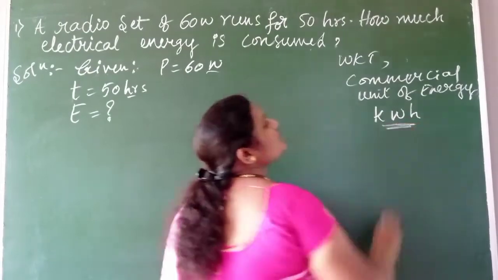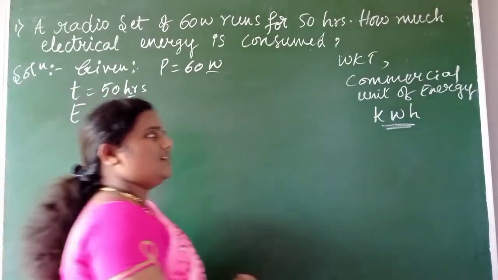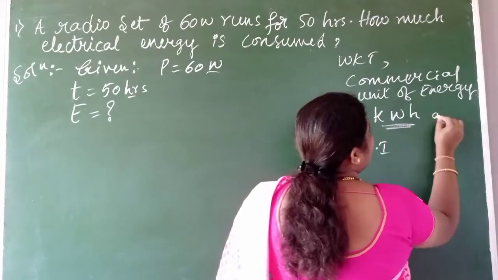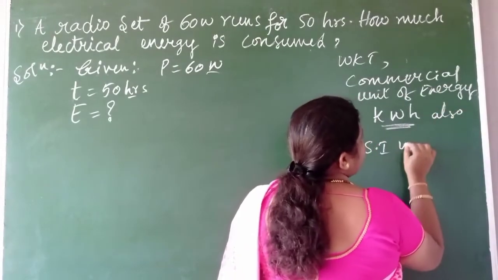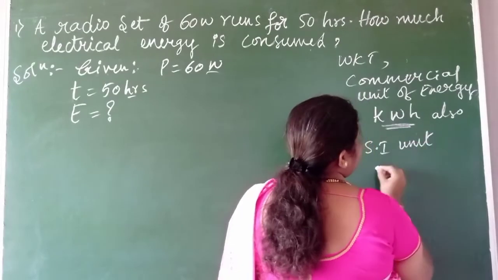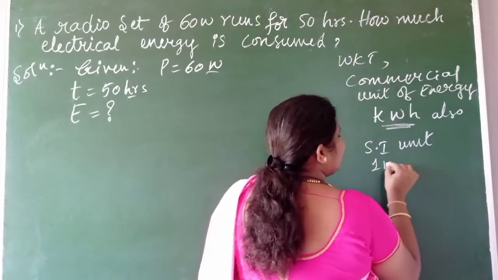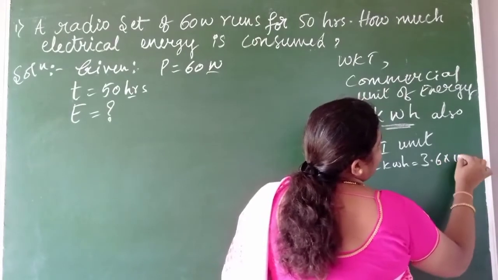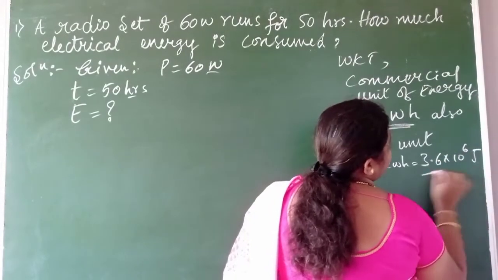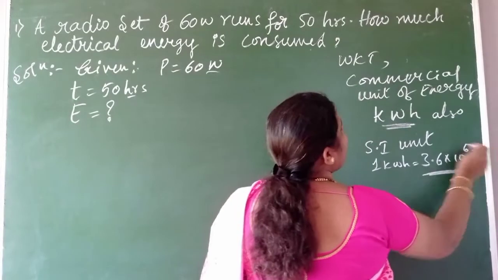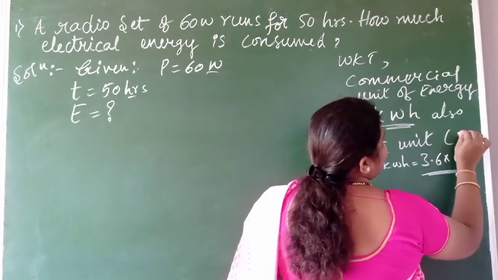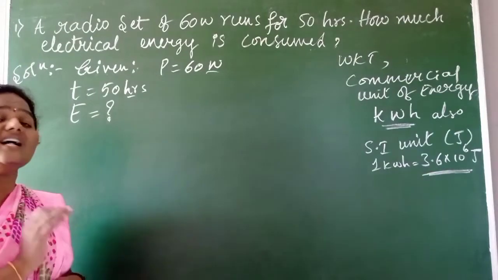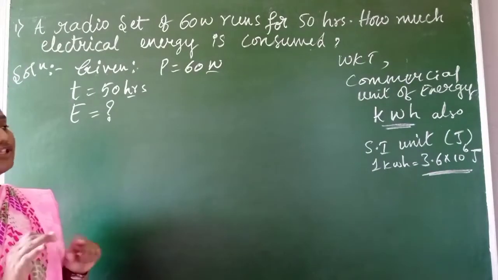And in terms of SI unit, how will we write? The SI unit of energy is the joule. 1 kilowatt hour is equal to 3.6 into 10 to the power of 6 joules. Isn't it, children? So 1 kilowatt hour is nothing but 3.6 into 10 to the power of 6 joules.